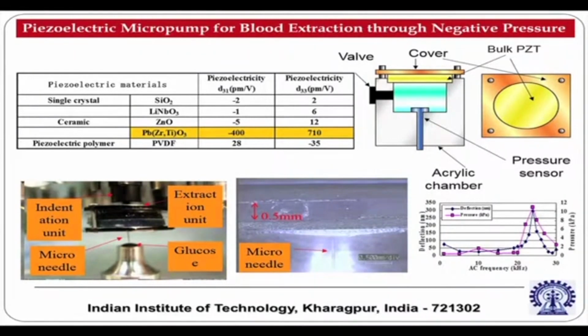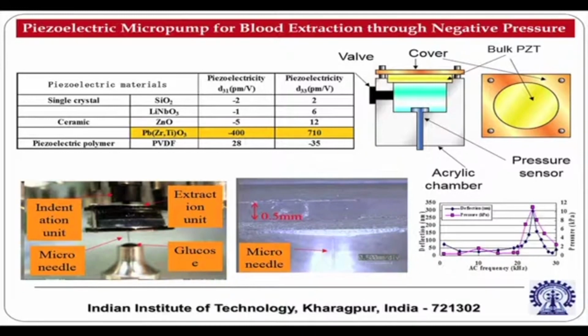So basically in this particular device one uses a piezoelectric micropump for blood extraction through the negative pressure, and there are the typical piezoelectric coefficients like 400 to 710 picometer per volt.